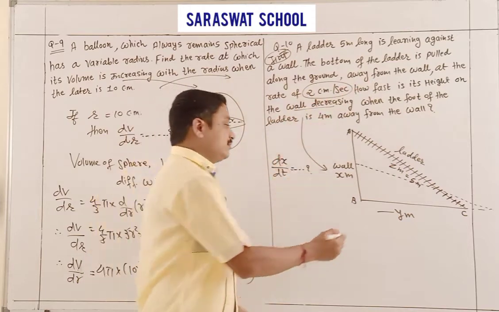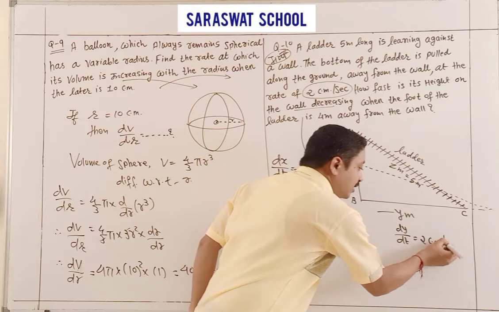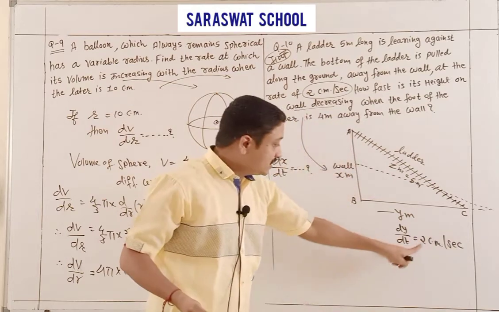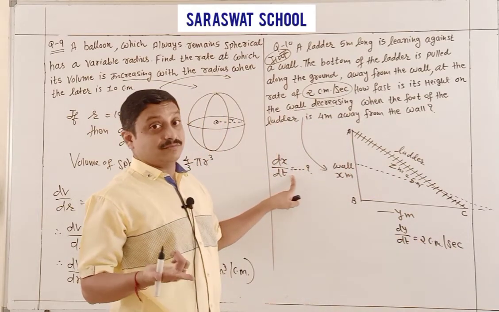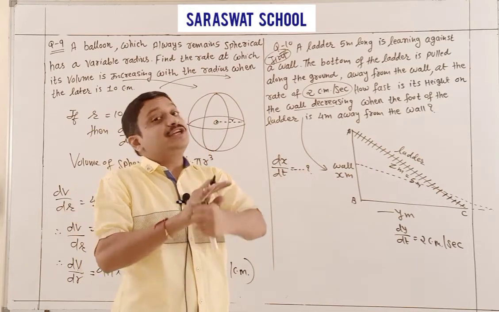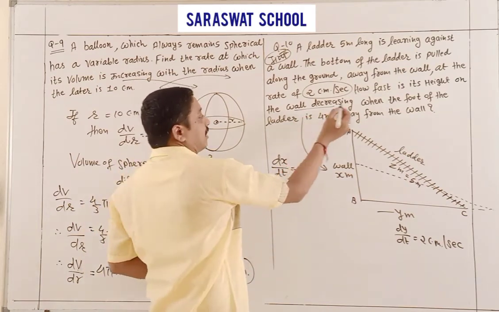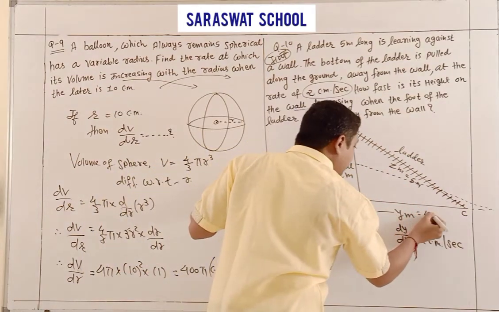It means dy by dt is given, 2 centimeter per second. This is given in centimeter, this in meter, so you change centimeter to meter, or meter to centimeter, both are fine. And away from the wall is given 4 meter.